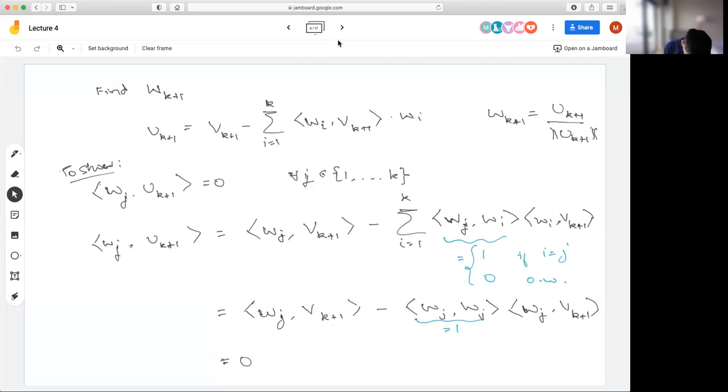That's because note that the vector we found, W_{k+1}, is in the span of V_{k+1} and all the W's.